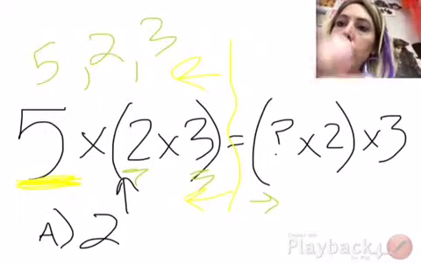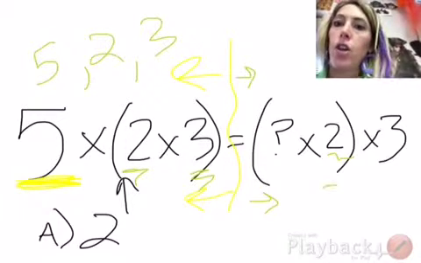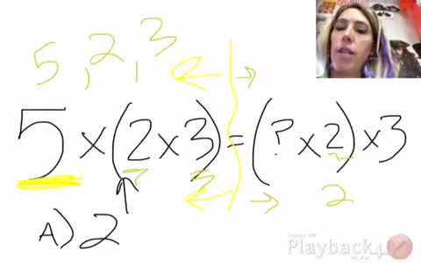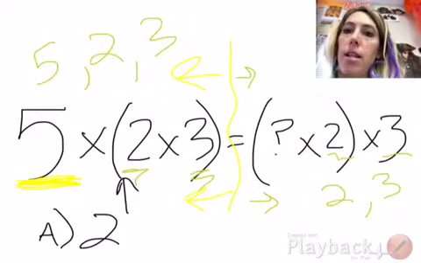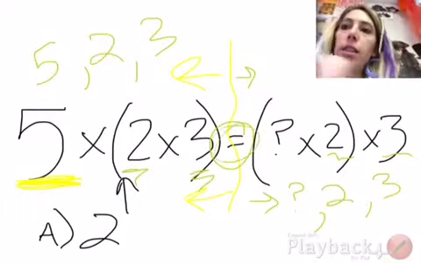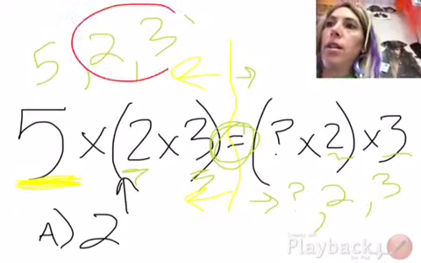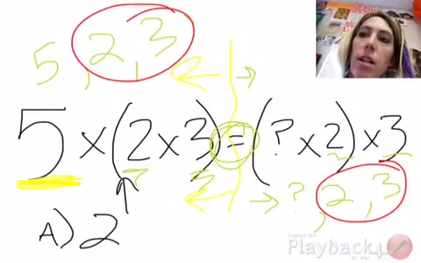Now if I inspect the right-hand side, I have a factor of 2, a factor of 3, and a question mark. So in order for these to be equivalent, I notice I have 2 of the same factors on either side.